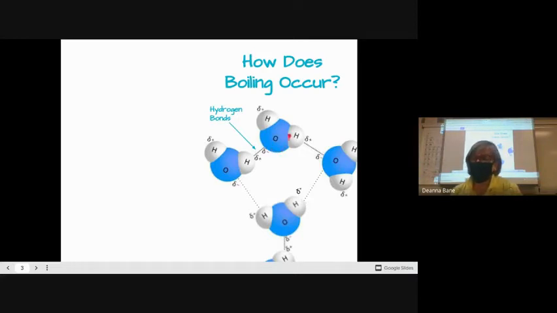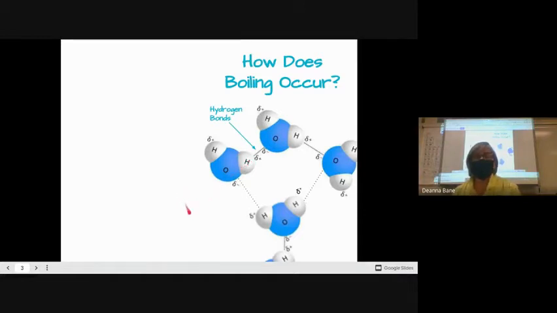And again, they're overall neutral, but because the electrons are pooling on the oxygen end, that end tends to be negative, while the other end, because there are no electrons pooling at that end, tends to be positive. So they easily are attracted to one another to make these hydrogen bonds.